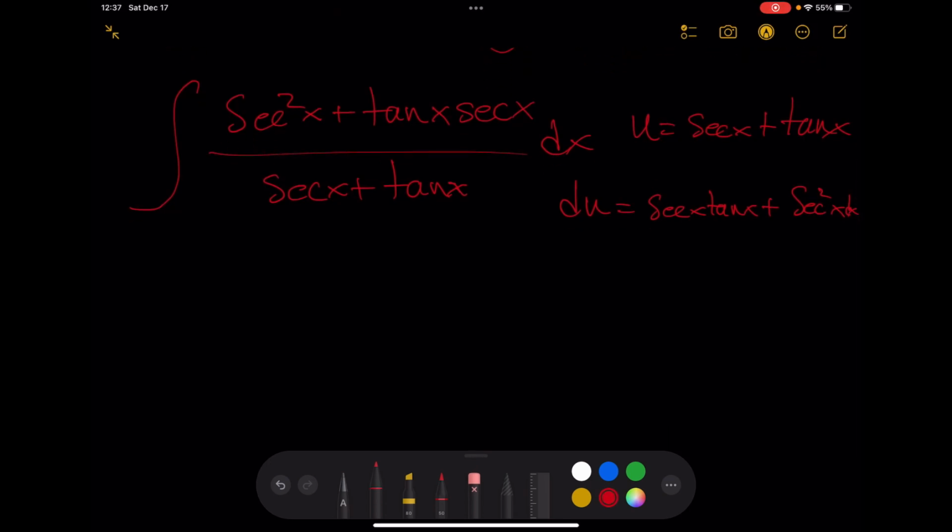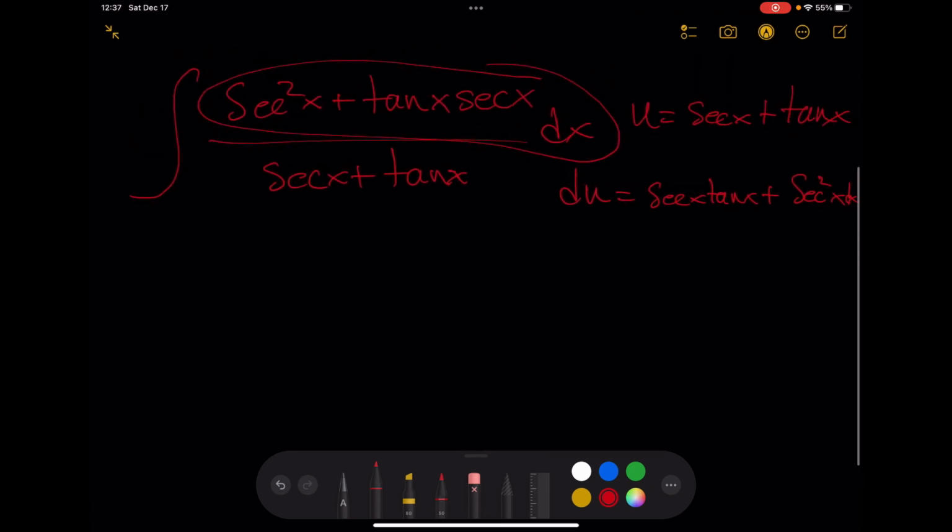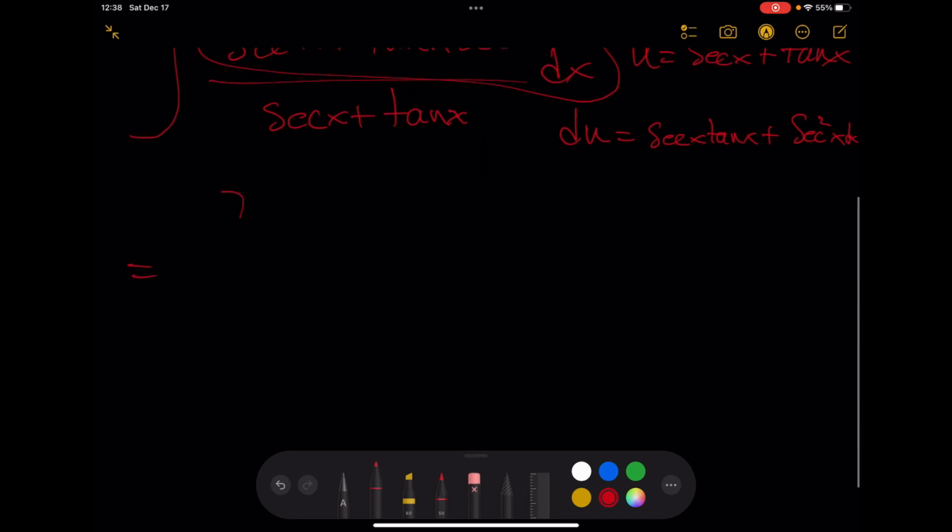Now, if you notice, secant x tangent x and secant squared x is in our numerator, and dx is as well, obviously. And so therefore, this is all equal to just du. And since the denominator is secant x plus tangent x, this will be equal to our u. So rewriting this integral, we will have the integral of du over u.